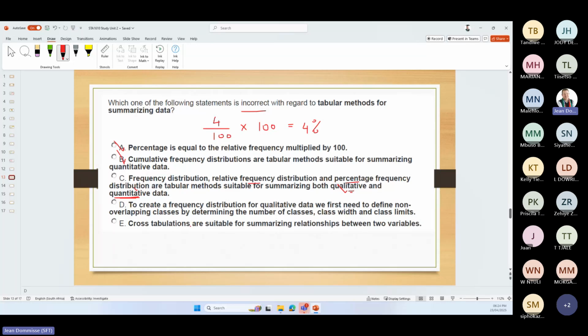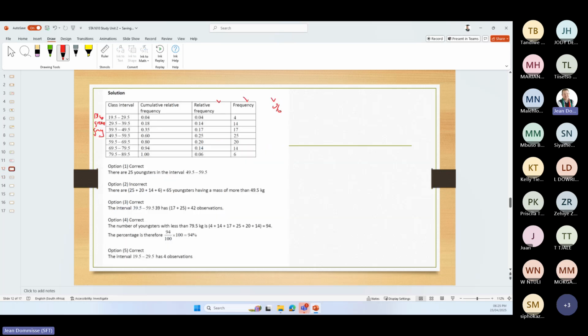Okay, and then option 4, let's look at that one, to create a frequency distribution for qualitative. Okay, so that's what we have now talked about. We first need to define non-overlapping classes by determining the number of classes, class width, class limits. Okay, for qualitative data, blue, green, gray cars, you don't have that at all. So we don't have a class interval. We don't have any of that.